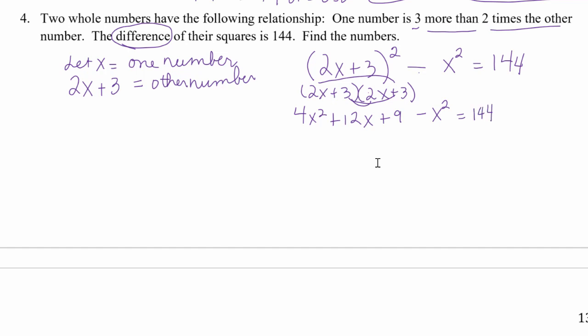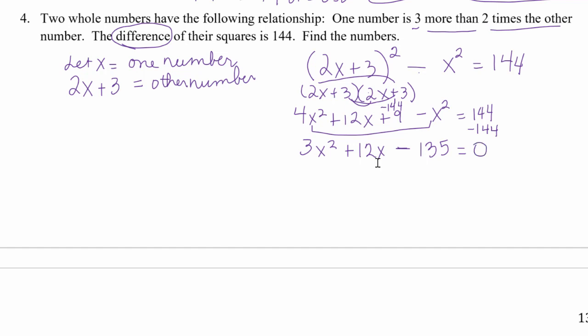Okay, we're going to combine like terms here and subtract the 144, get a 0 on one side. So the 4x squared and the minus x squared is 3x squared. The 12x. And now I'm going to subtract 144 from the 9 here, right? So subtract 135. That equals 0.